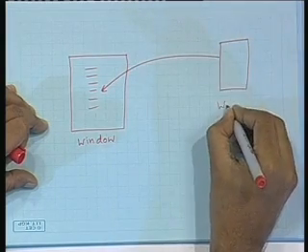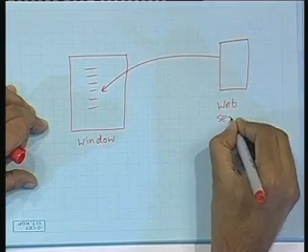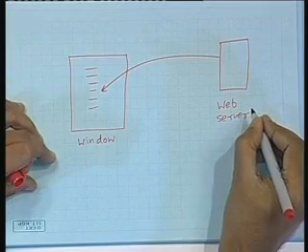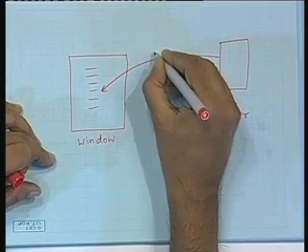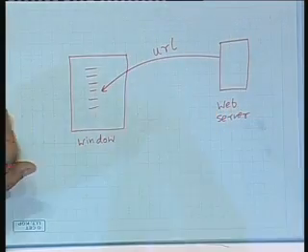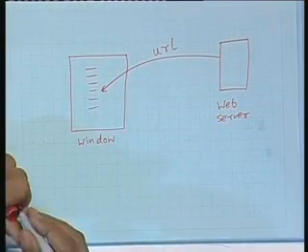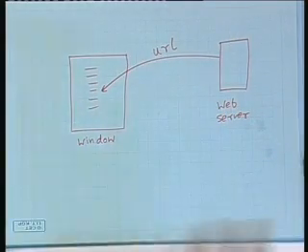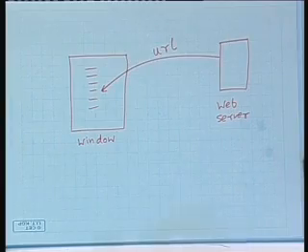This is a web server. So, the location object talks about the URL from where this document has come. Okay. This is the significance of the location object associated with a document or a window.